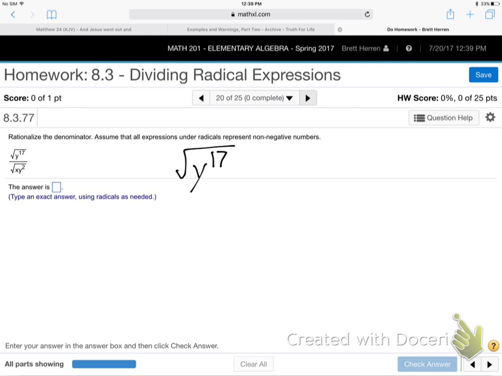So square root of y to the 17th over the square root of xy squared.